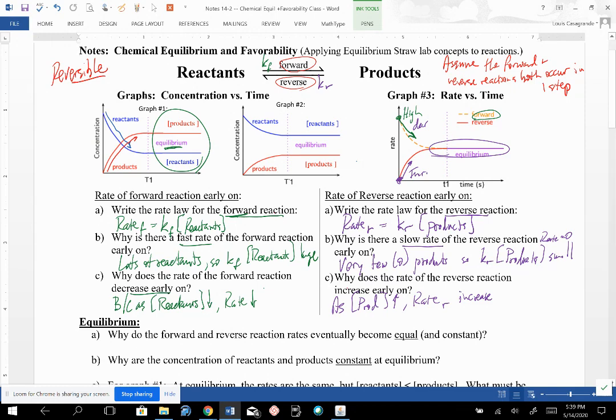So in equilibrium down below, we're going to write for the forward and reverse reactions, as the rate F decreases and rate R increases, eventually they become equal. And so that's where we have equilibrium.